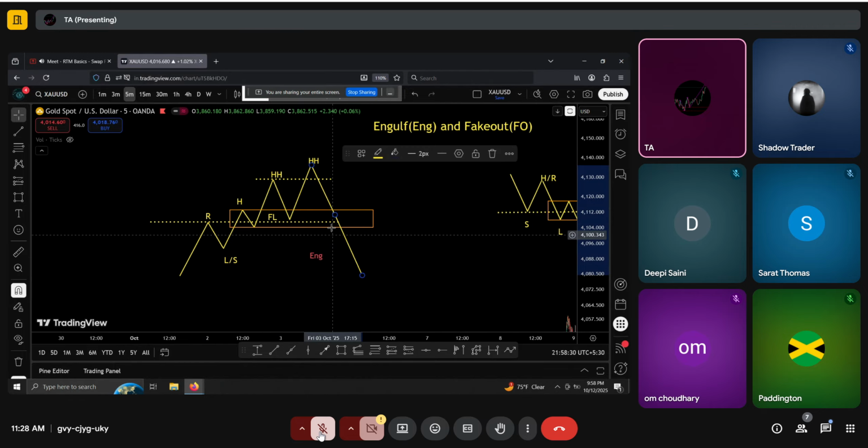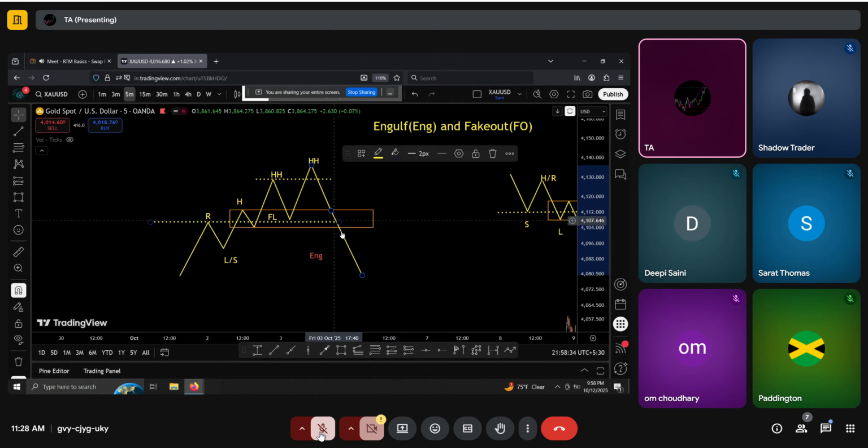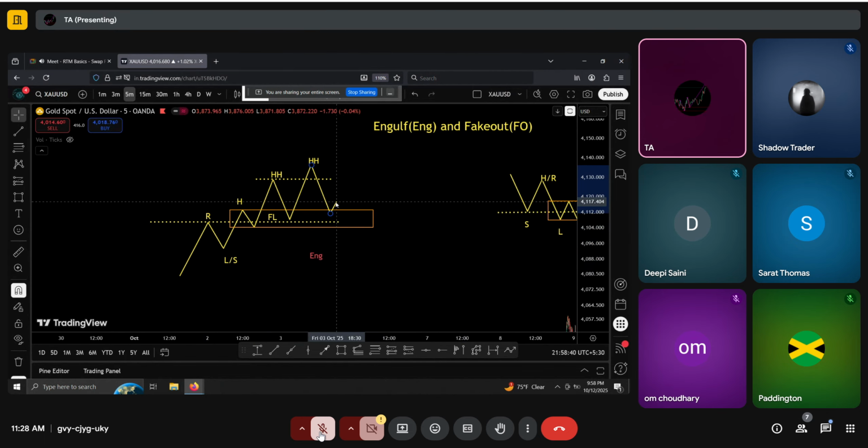So here we have seen, when the price comes here, it has to decide if we want to go up or go down. So this pull did a little pullback, creates a DP, fine, and then comes back again, creates an RS and comes back. So here engulf happened, right?